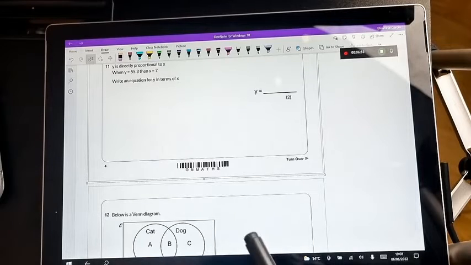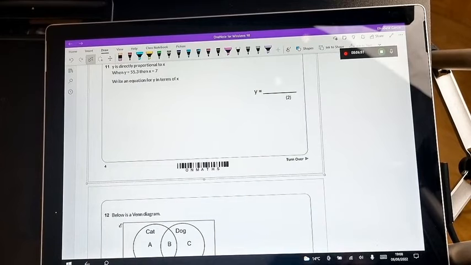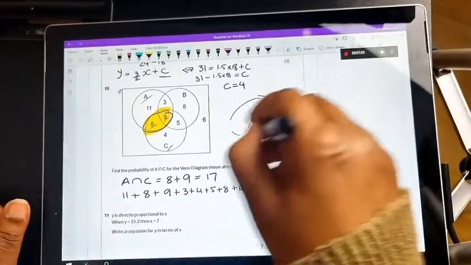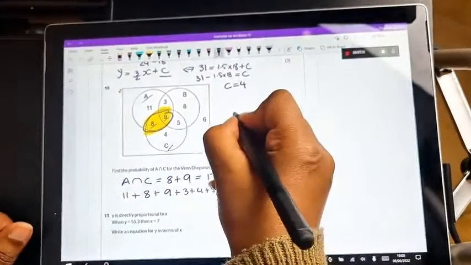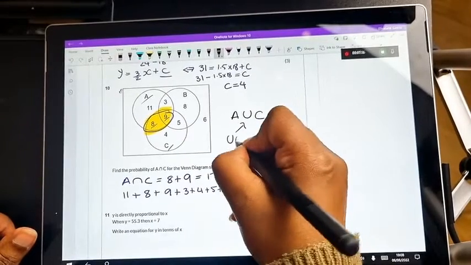When that symbol is flipped, what does it mean? Intersection. Okay. So when it's called union, good question there, thank you, the team alerted me to it. So this is interception, the one that is shown. If we have A U C, that's called union.